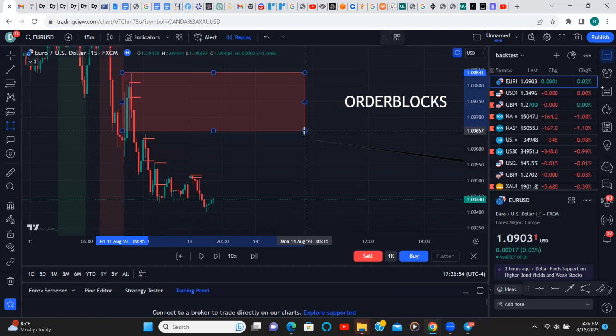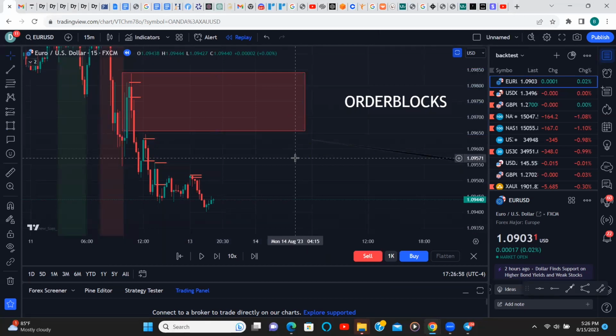The only people that can break structure are the institutions. We, as retail traders, are never going to be able to break structure. So what order blocks are, it's an order that is set to break structure, to grab liquidity. Because at the end of the day, they need liquidity to make their moves. They need to grab orders as much as possible to make the biggest moves possible at all times.